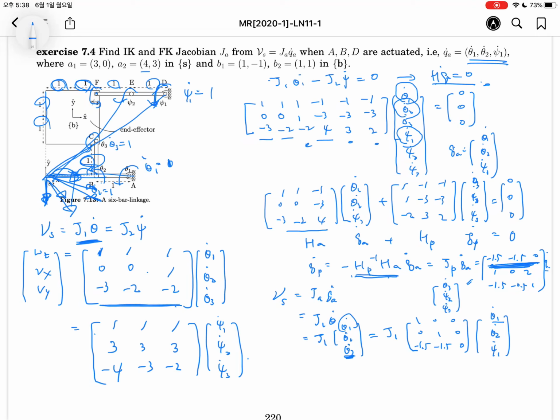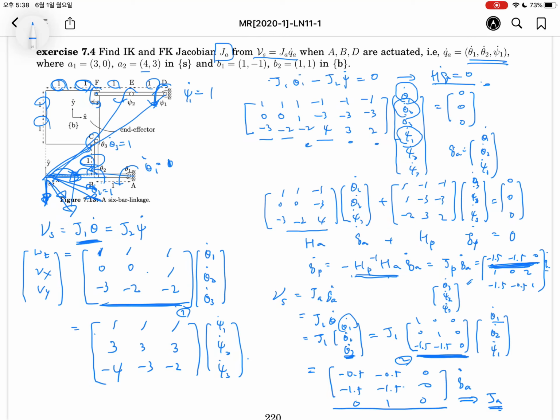So we know the J1 and the latter equation, and by multiplying both matrices, we have minus 0.5, minus 0.5, 0, and 1.5, minus 1.5, 0, 0, 1, 0, and then Q A dot. So this matrix will denote J A. So we find the J A matrix from this relation.